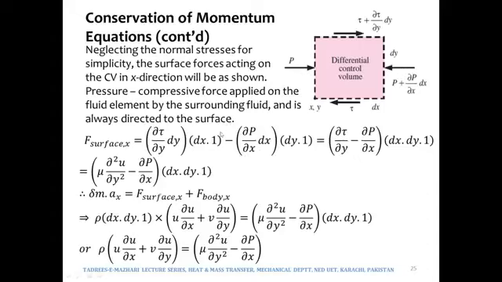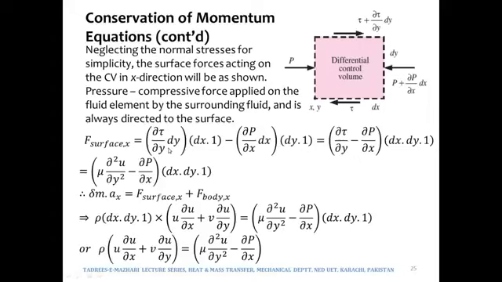So it would be written with a negative sign, and again this p needs to be multiplied with the area that it is acting upon, so as to get the force. So therefore this p is acting upon dy times 1, so it will be multiplied with dy times 1.